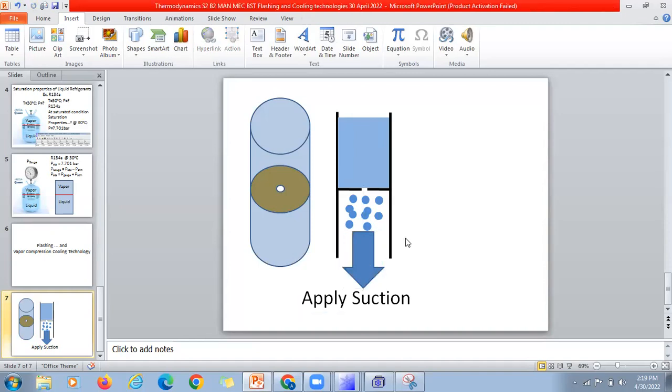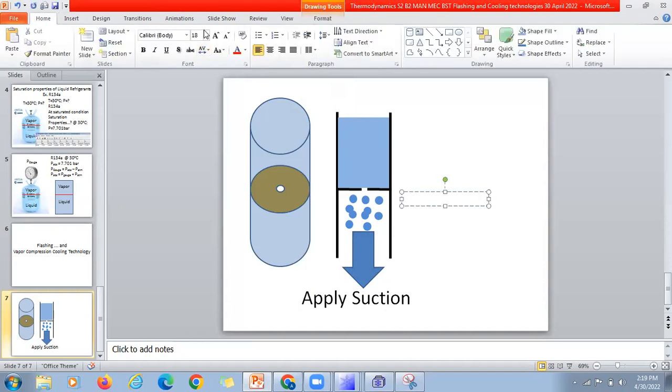But one thing for sure, this side becomes low pressure or reduced pressure.